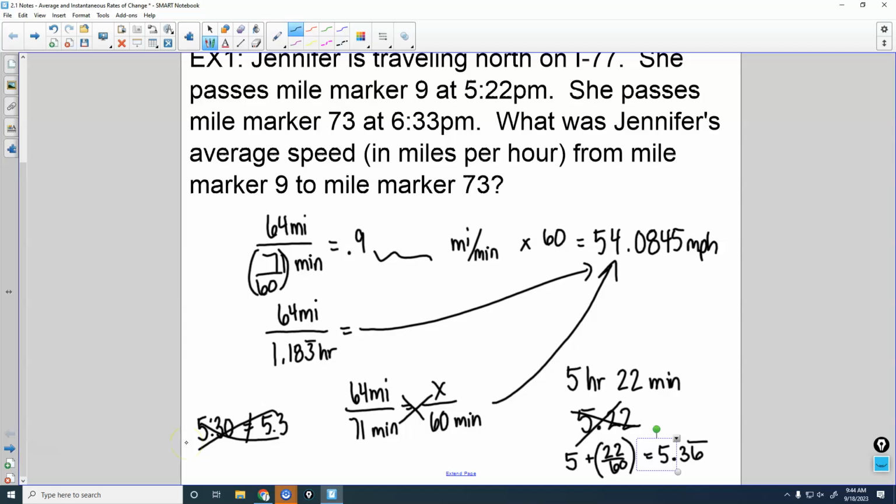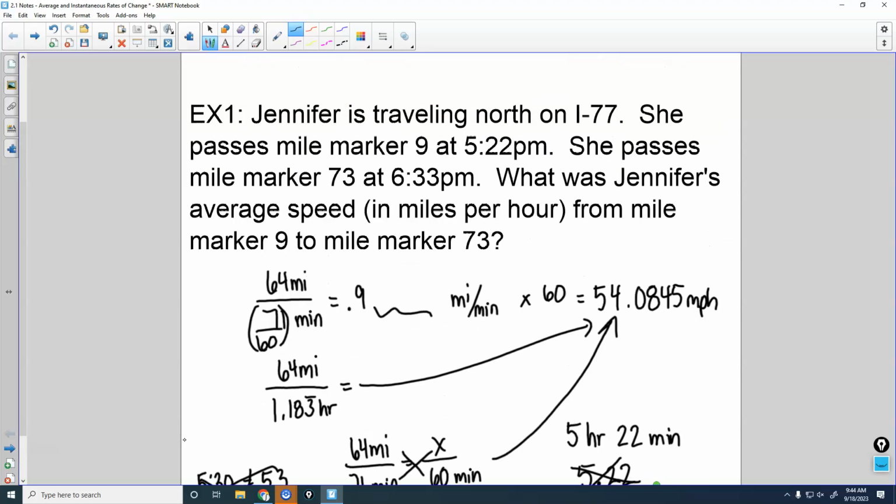That finds average speed. Some people were asking about why is she only going 54 miles per hour on 77. I specifically did this problem for a reason. What is probably happening here is that she's leaving Charlotte around 5 o'clock and she is stuck in traffic. So she might be barely moving for a while. But then, once she gets through Charlotte traffic, she's probably back up to the speed limit, right?